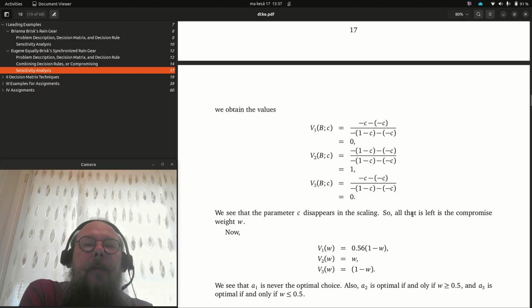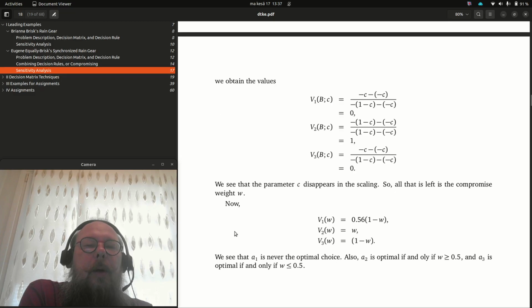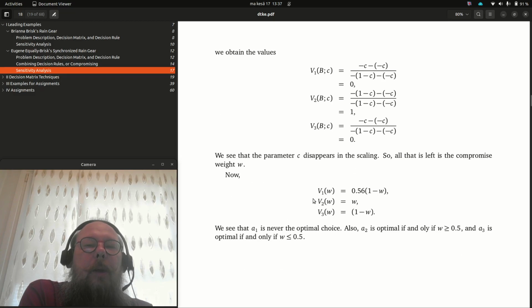So all that is left is the compromise weight W, and now we can calculate V1W, V2W, and V3W. So we just weigh this with W, and then 1 minus W weight this.